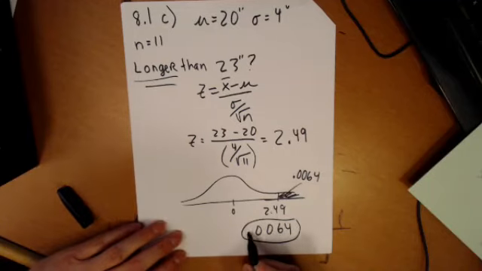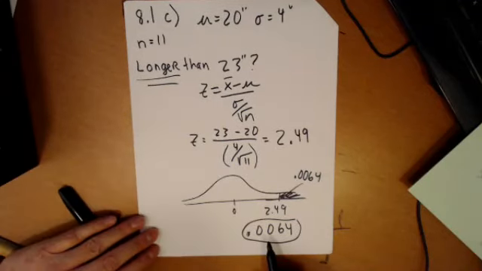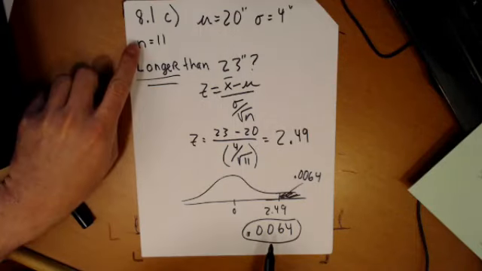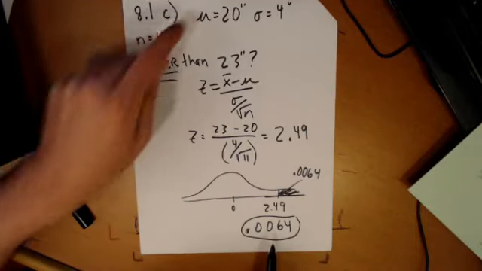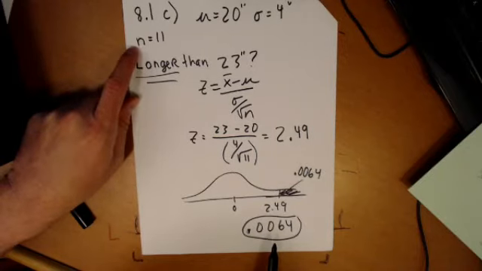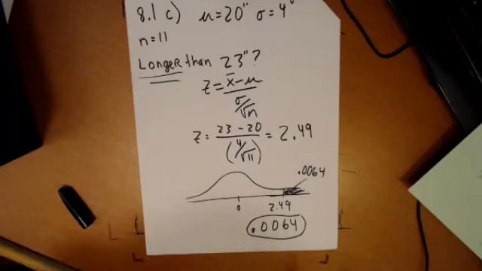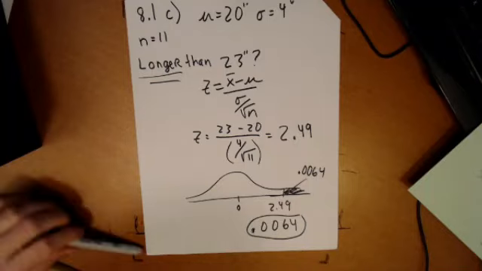So whenever you see a low probability, remember we said anything with probability less than 0.05 we call unusual or unlikely or weird. So this is a very weird event. Sampling 11 salmon from this population and having the average of those 11 salmon be longer than 23? Super unlikely. Okay, so I'm going to redo this problem with the calculator.